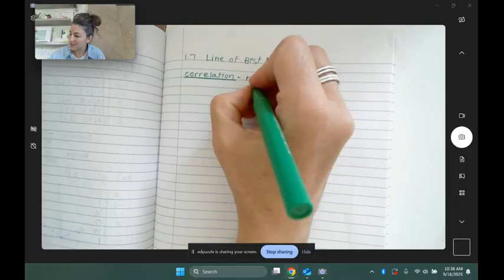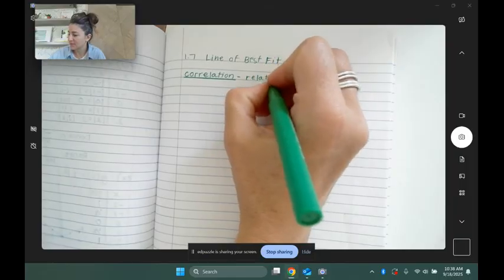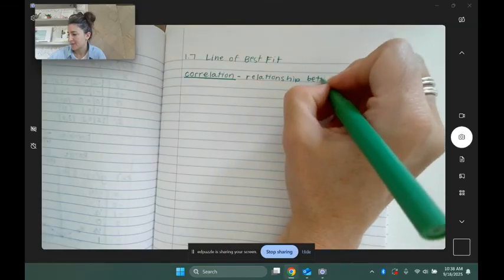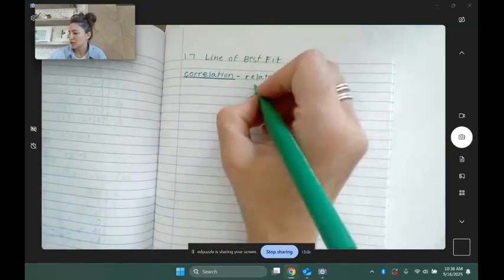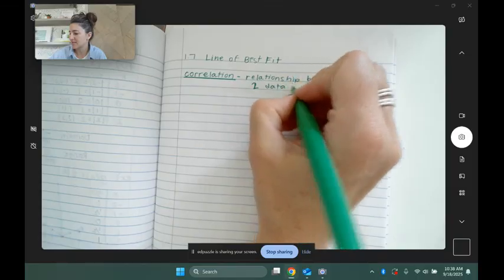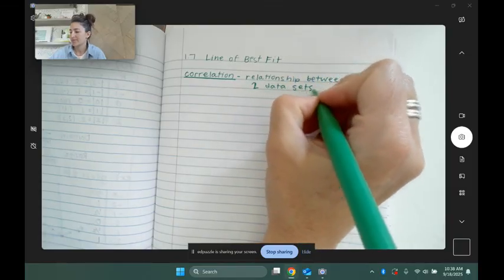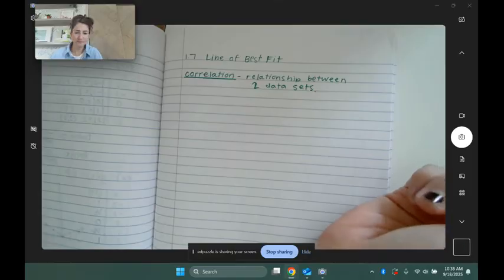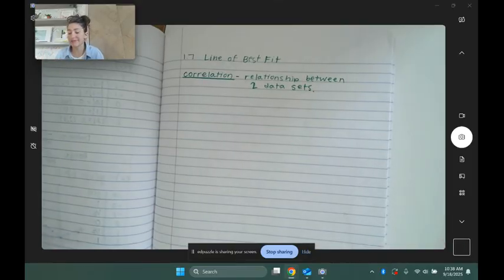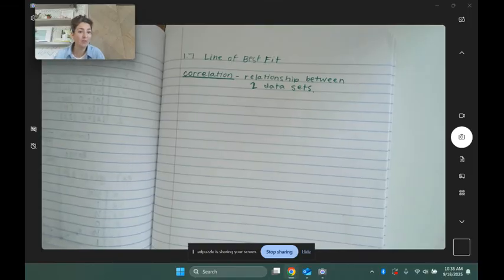What is the relationship between two data sets? And they can have a couple of different correlation options.